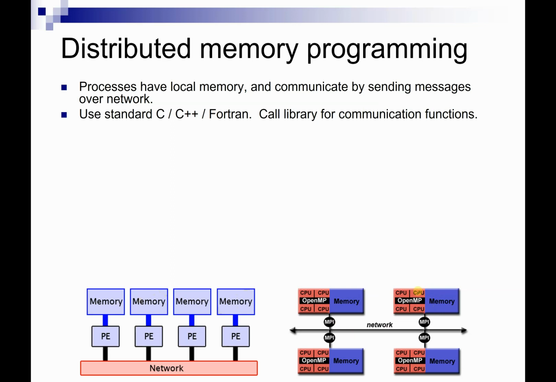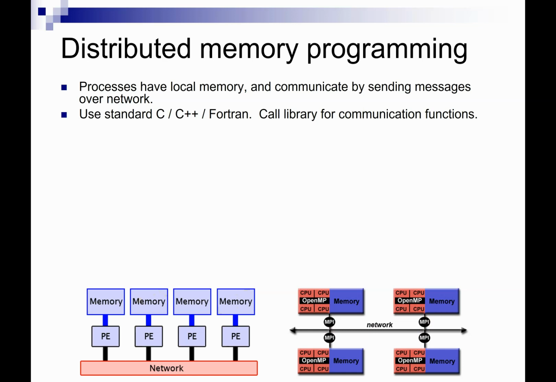And then the receiving processor will fetch that memory and then send it back to the first processor. Within each one of these nodes, we have a shared memory situation, because all of the processors within a node can access any piece of memory in its own chunk of memory. So within a node we have shared memory, but across different nodes we have distributed memory.